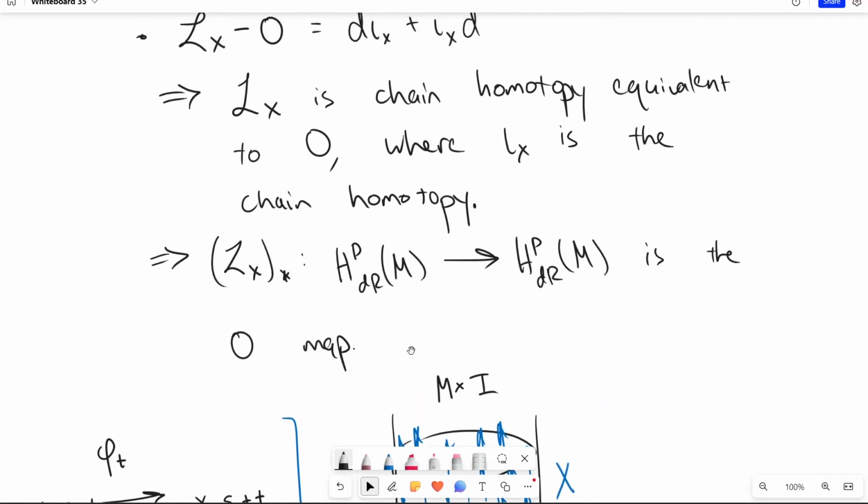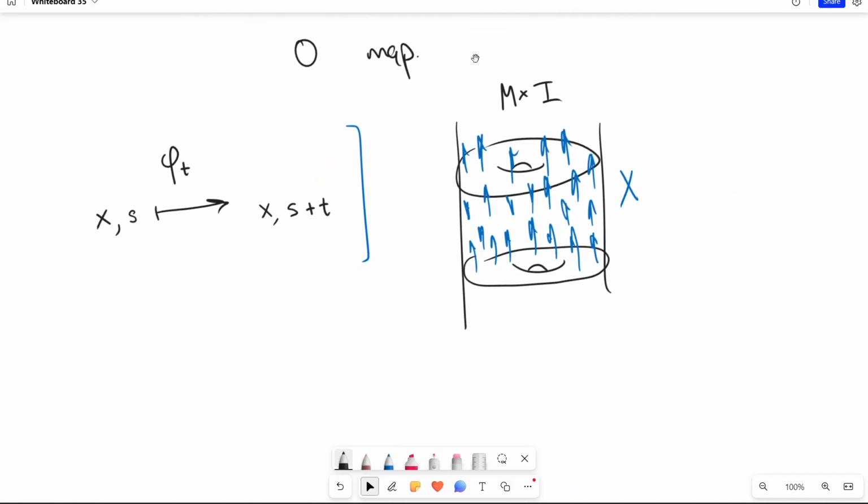We're going to get that, if we believe that homotopy invariance is true, the thing that should happen is that as you pull back your omega along this flow, you try pulling it back using phi t over and over and over again, we should expect that we're going to get the same omega up to an exact form, that we get the same cohomology class, because these are just corresponding to like a homotopy.